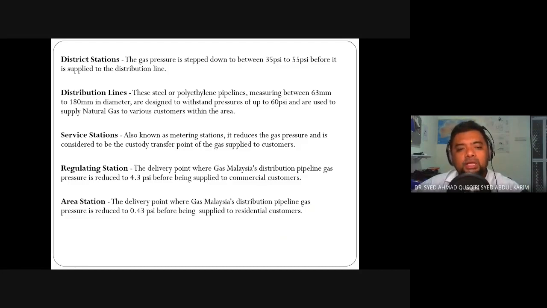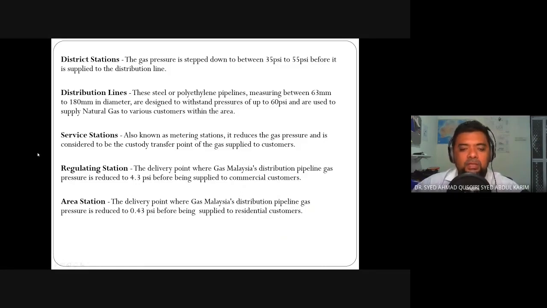The distribution line itself is either steel or polyethylene pipelines. Polyethylene pipelines can be used at this point because the pressure of the gas is very low. In terms of diameter, 63 to 180 mm, designed to withstand pressures up to 60 psi, they are used to supply natural gas to customers.